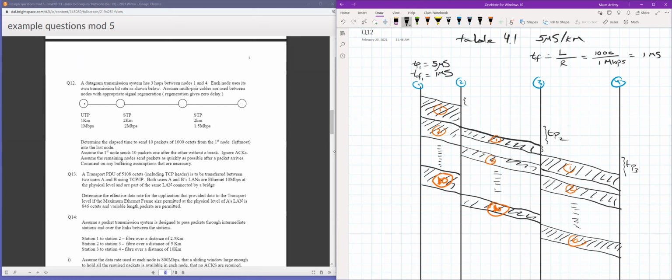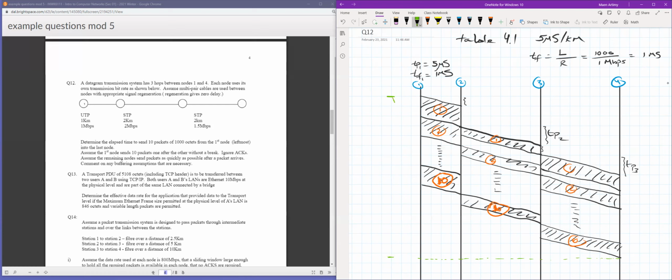Right. So the question is, we need to find out the time between here, the start of the transmission of the first frame, up to here, where the last frame is received at node 4.